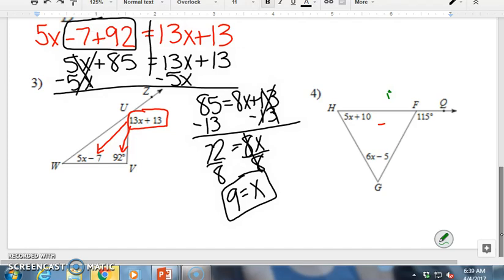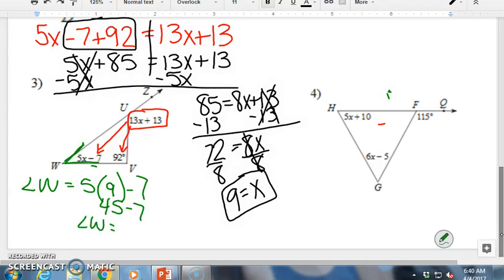And then I need to plug it back in for my two missing angles. So angle W is 5 times 9 minus 7. So 45 minus 7 is 38 degrees for angle W. And you have to label which angle is which, because I will not grade it if you don't have that information.